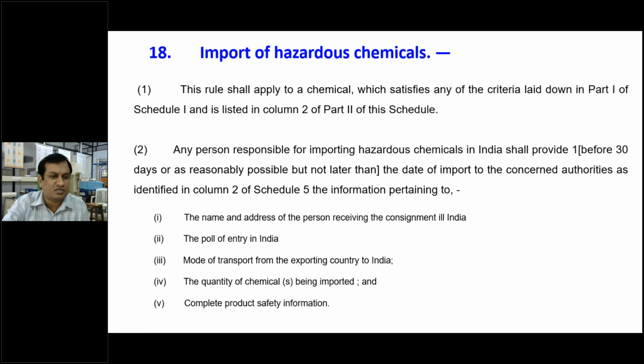So all this data should be given to the concerned authority before the import activities, right? Name, address of the persons, then port, then mode of transport, quantity of chemicals, and complete product safety information.